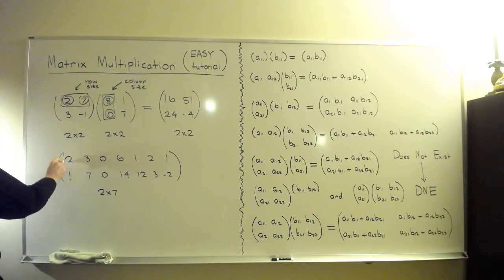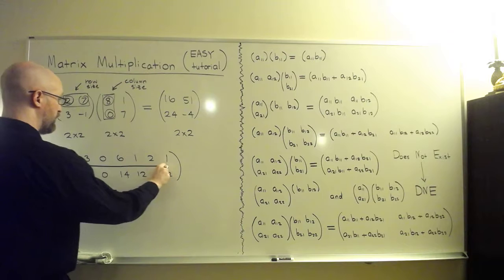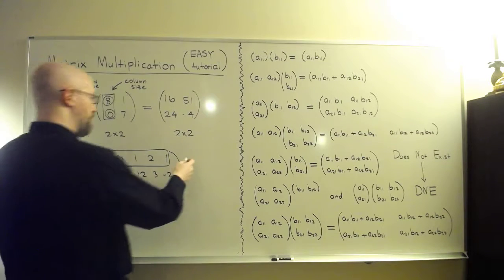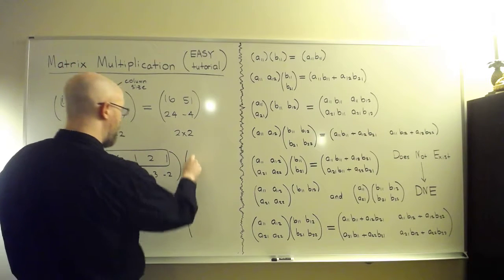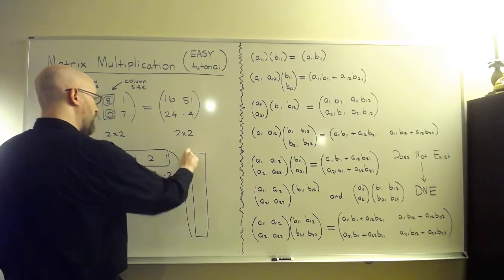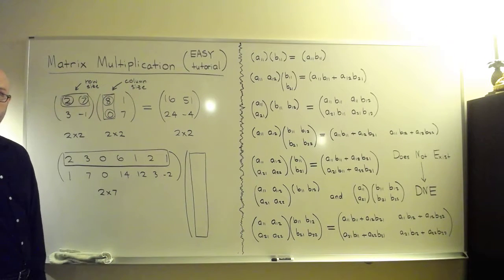Well, if there's any way I'm going to match up a row here, entry by entry, with a column in some matrix I want to multiply it by, then that column had better have 7 entries as well.